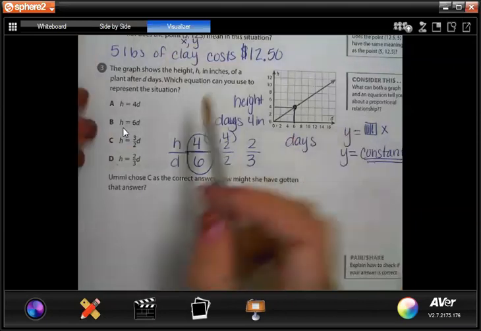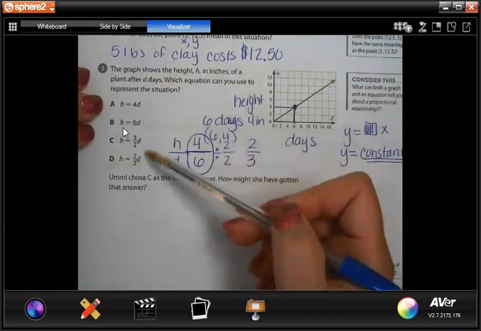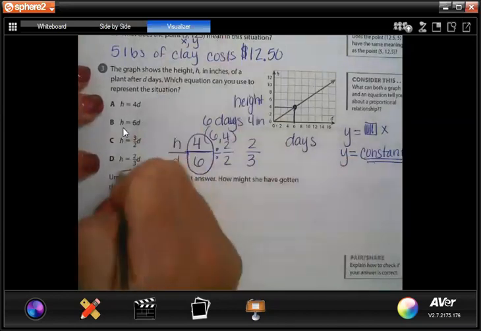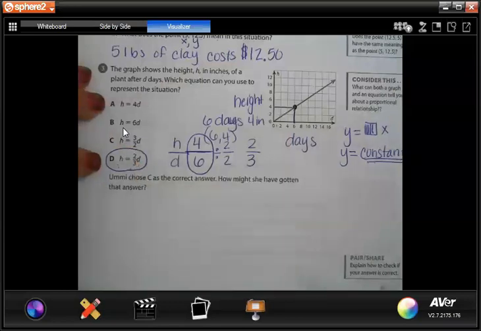So if we go over here, which one would it be? It would be D. Our height is 2/3 times our days. Okay.